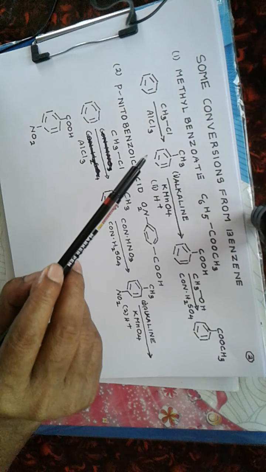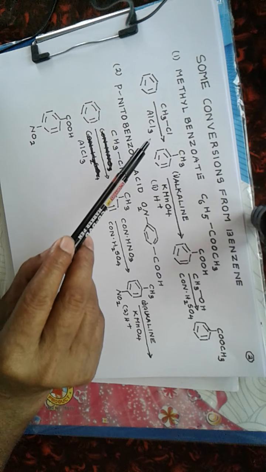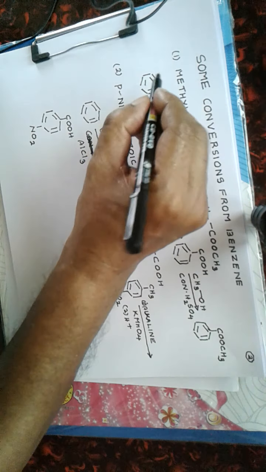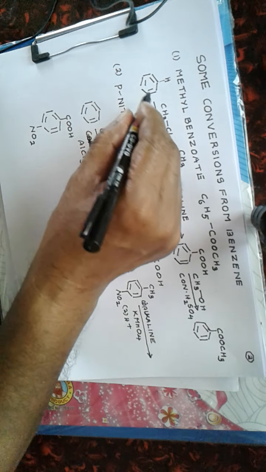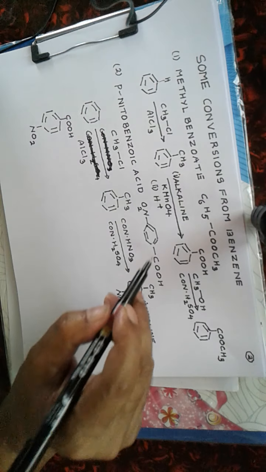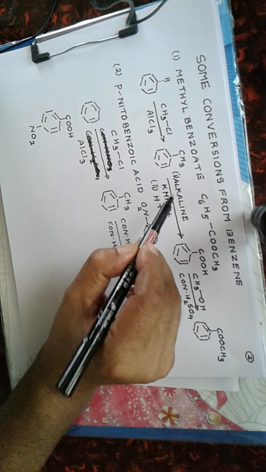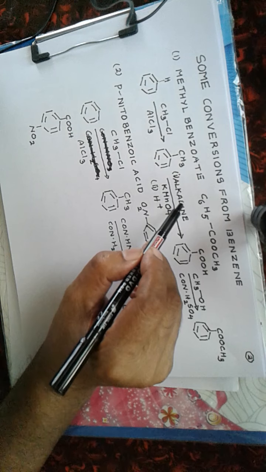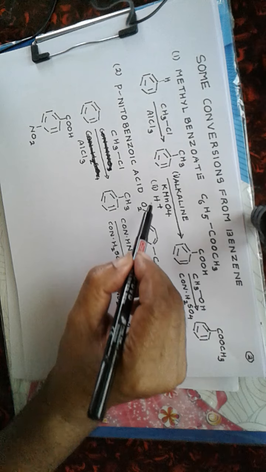Now first we have to introduce a methyl group in the benzene ring, and for that we use CH3Cl and AlCl3, and in one position the H atom of the benzene ring is replaced by the CH3 group and HCl is removed, and then this CH3 group can be oxidized using alkaline KMnO4, and we get COOK or COONa depending on the alkali used, and then on acidification we get the COOH group, so H positive indicates acidification.